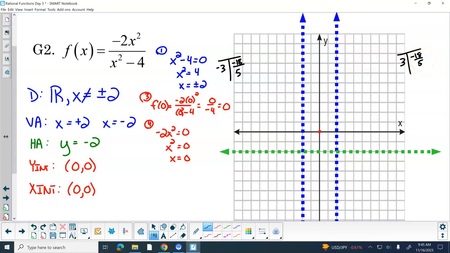So that's going to be -3 and some change. Let's go out to -10. So then that would be negative 200 over 96, which is a little bit more than negative 2.